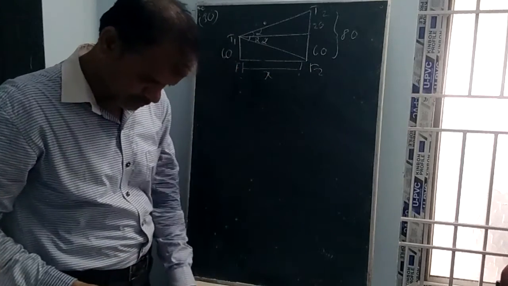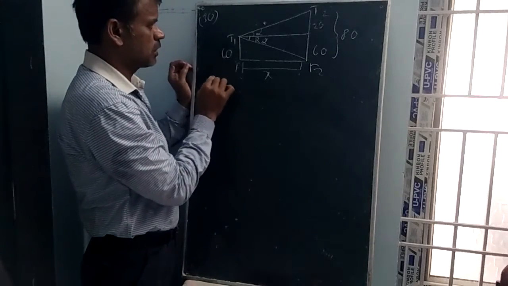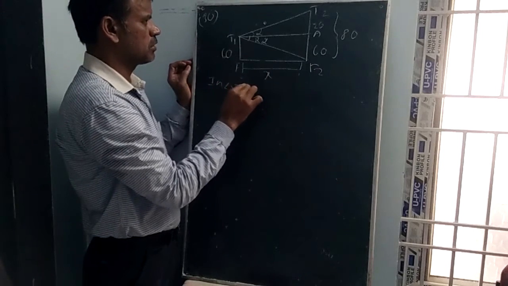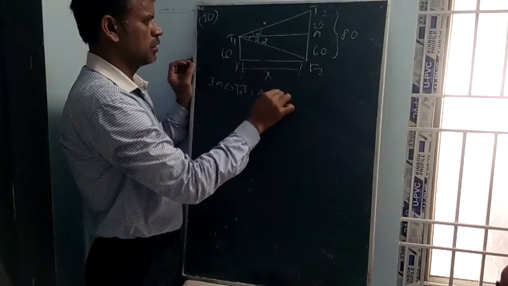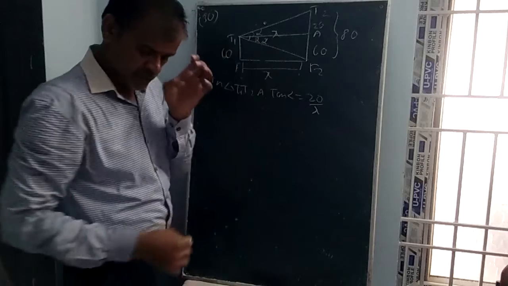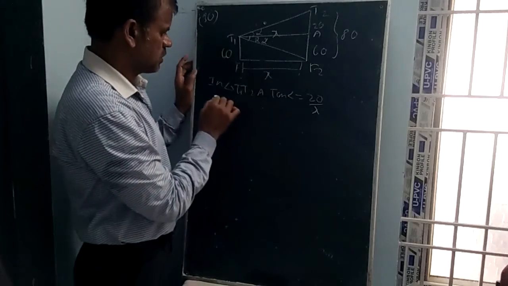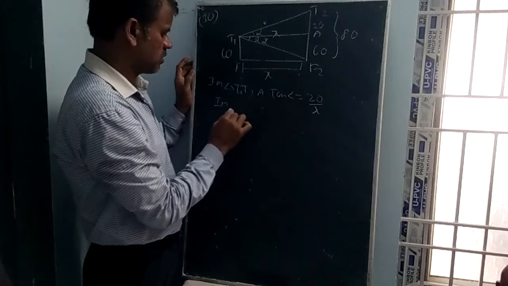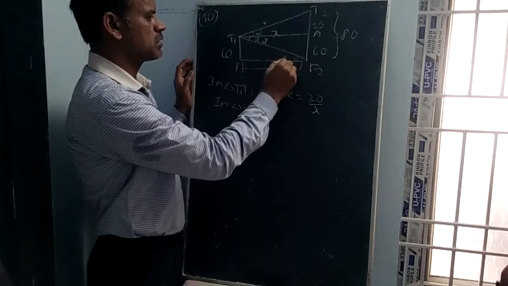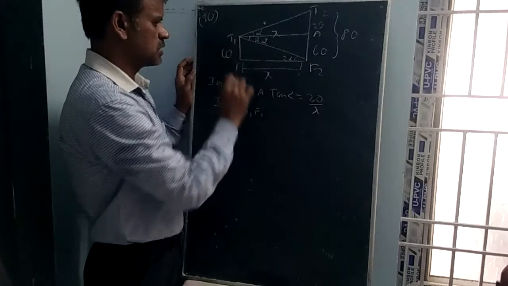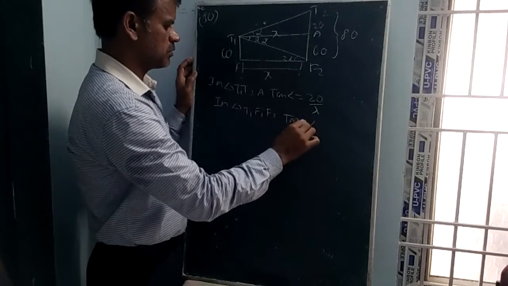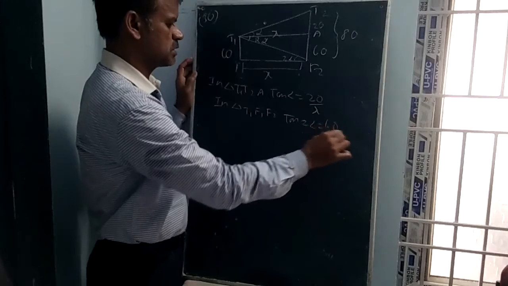Let us write x. Now put A here. In triangle T1 T2 A, tan alpha is equal to 20 by x. This is also x. Tan alpha is equal to 20 by x. Now in triangle T1 F1 F2, this is 2 alpha, this is also 2 alpha according to the transversal concept. tan 2 alpha is equal to 60 by x.